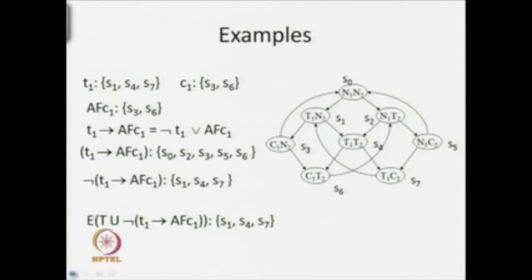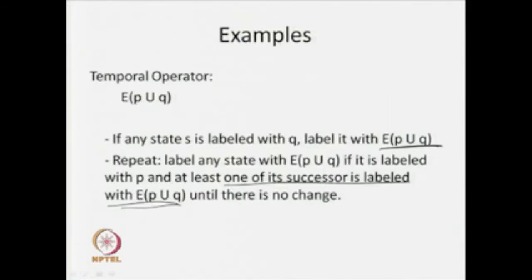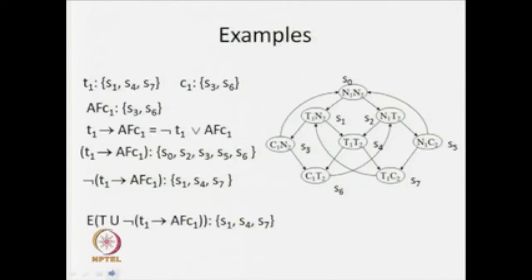As per our first step, if any state S is labeled with Q, then label it with E P until Q. So, from this step, this formula will be true in S1, S4 and S7, because not of T1 implies AFC1 is true in S1, S4 and S7. So, these are the initial states we are collecting.